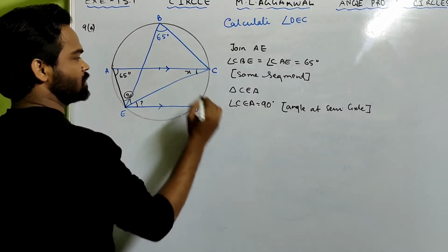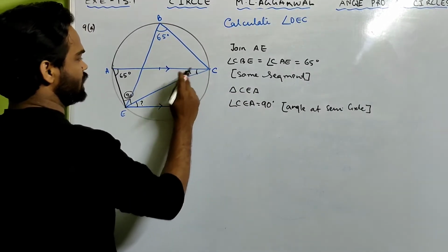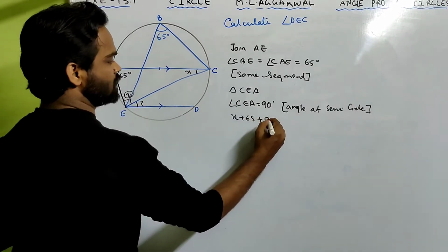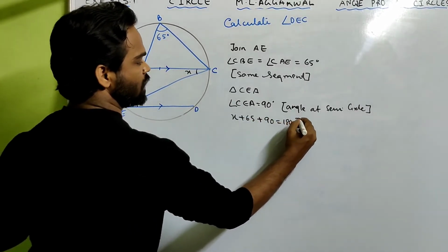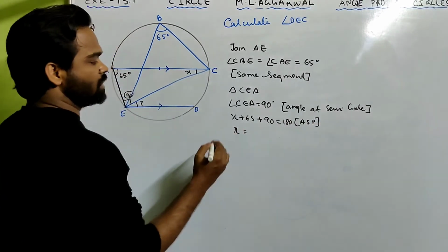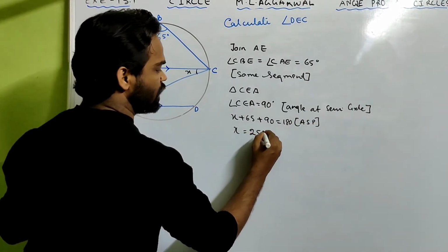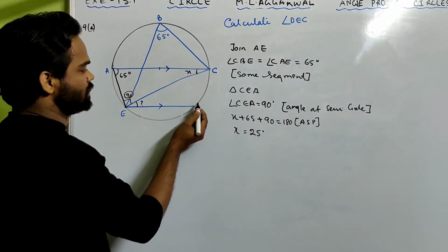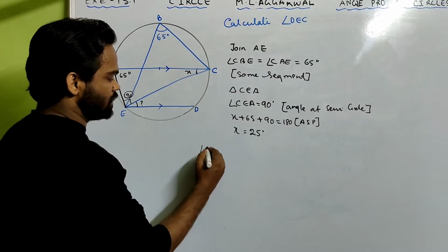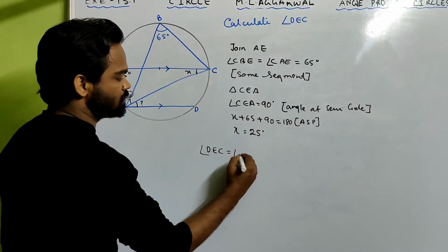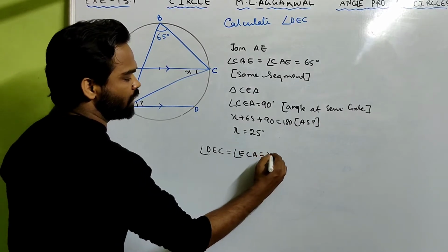Suppose this is x. Then in triangle CEA, x plus 65 plus 90 will be 180. Angle sum property, which means x will be 25 degree. Now look carefully. Angle DEC is equal to ECA, which is equal to x.